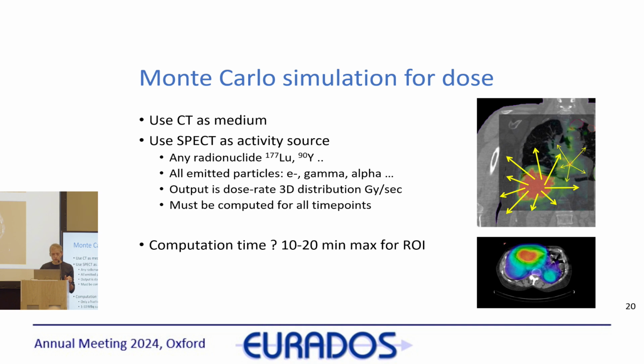And we show that with only a fraction of the real activity, you can reach for whole organ this uncertainty very soon. So with 10 or 20 minutes, according to the complexity of your scene, you can obtain a very good estimation of the dose in every organ of the patient. It's still slower than the conventional kernel-based method, but this is very easy to put in place and very easy to change the radionuclide, for example.